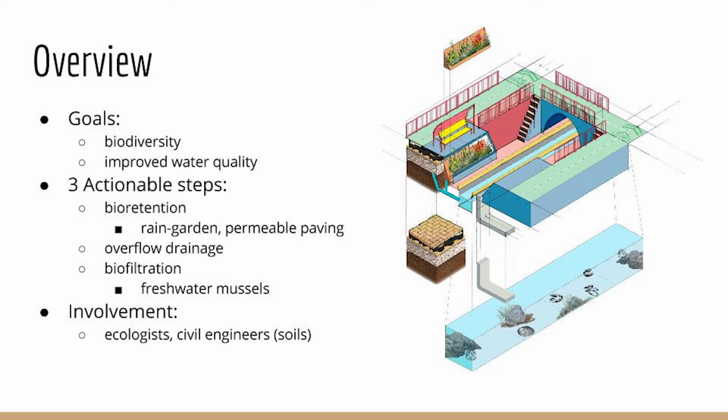And our last step involves biofiltration, in which we'll equip our site with freshwater mussel friendly features and essentially use them as a means for biofilters. This process requires the active participation from ecologists and civil engineers, and the graphic you're seeing right now is an exploded axonometric drawing showing how the 3 different steps are coming together.